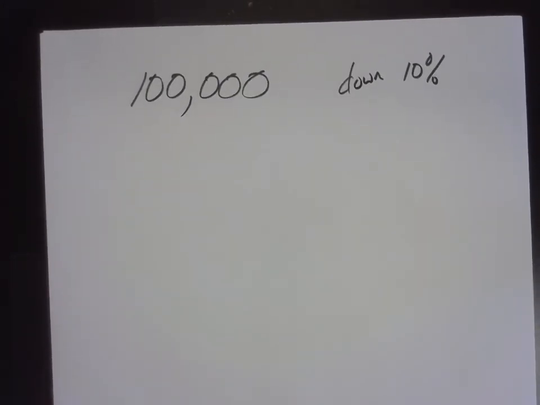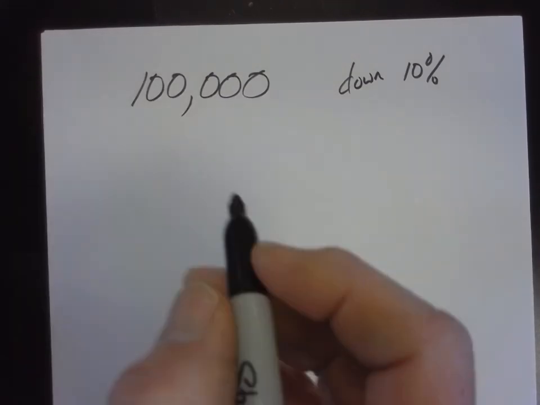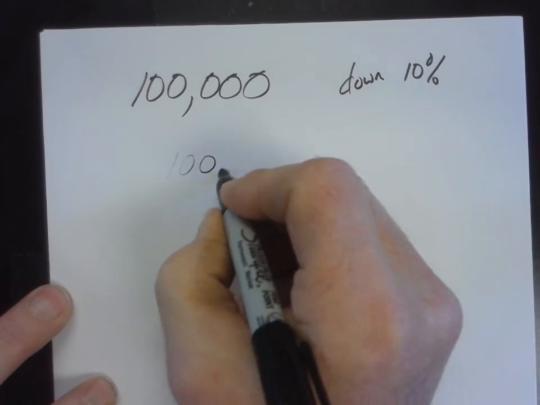But here's the thing. If it goes down 10%, what percent do you have left over at the end of the year? If something's 10% off, what percent do you have to pay still? 90%. Okay, so that's what this equation is going to look like.